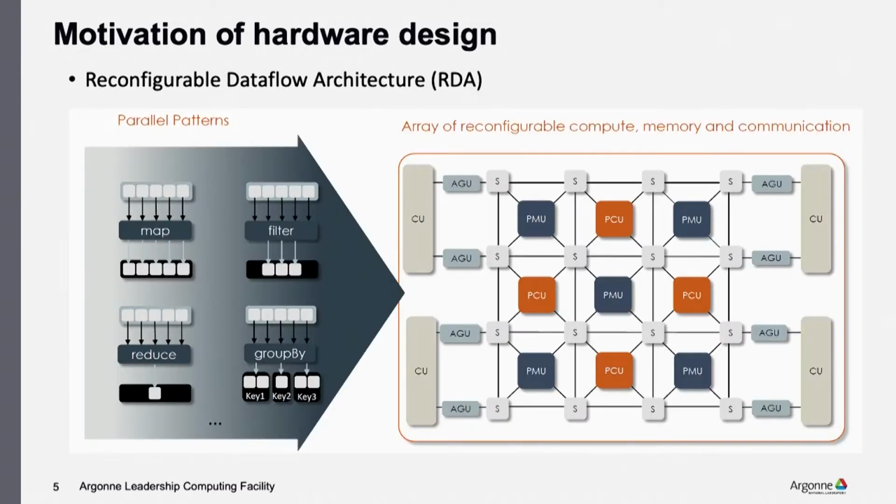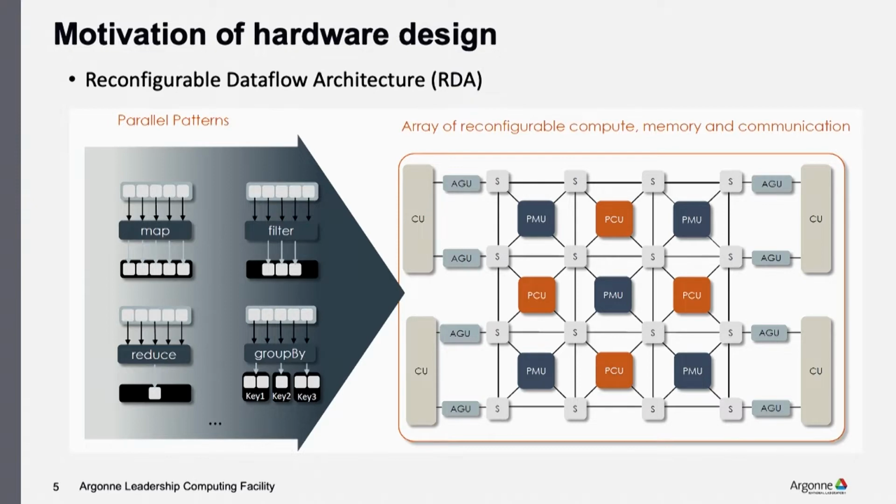From these motivations, SambaNova designed a hardware named the reconfigurable dataflow architecture, the RDA. This is a simple overview of the hardware design of the RDA. As we can see, they have some PCUs, the compute units, and PMUs, the memory units, and then they also have switches to exchange information between the PMUs and the PCUs.